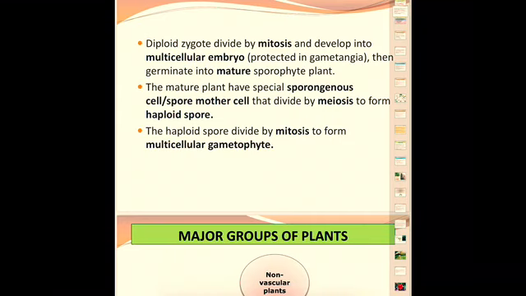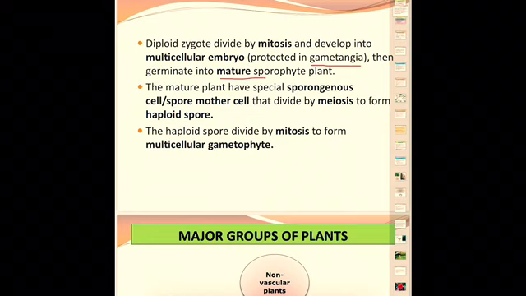The diploid zygote divides by mitosis and develops into a multicellular embryo. This multicellular embryo is protected in the gametangia. Basically, the fertilized gamete, the diploid zygote, is inside the archegonia, inside the female gametangia.